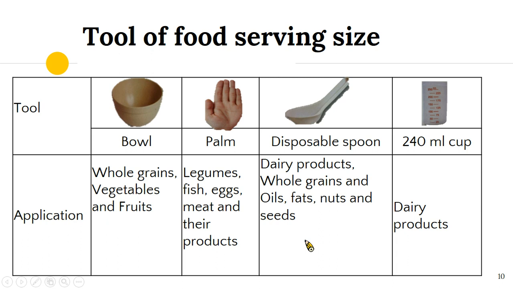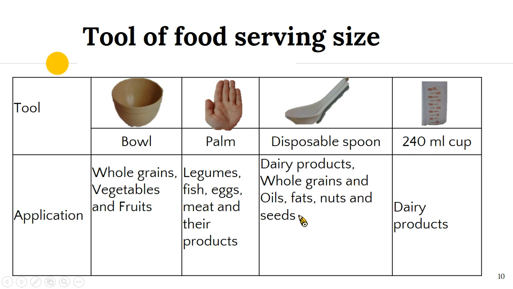The disposable spoon estimates the portion of dairy product, whole grain, fat, nut, and seed. And the right side of the figure is the 240 milliliter cup for the dairy product portion. These tools are readily available in Taiwan.